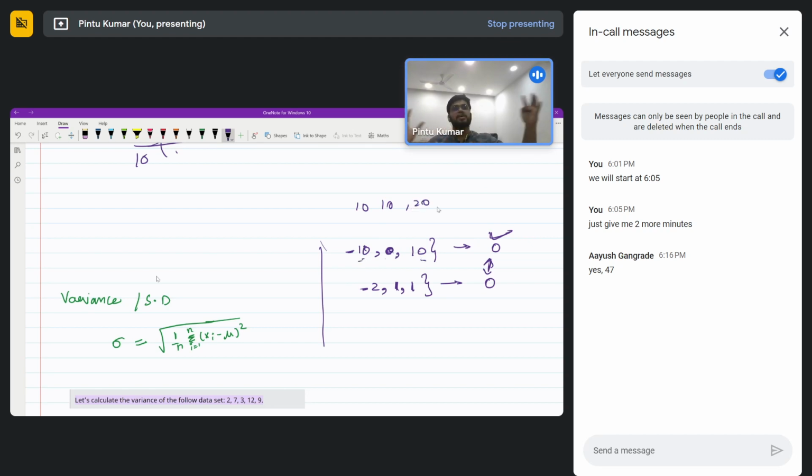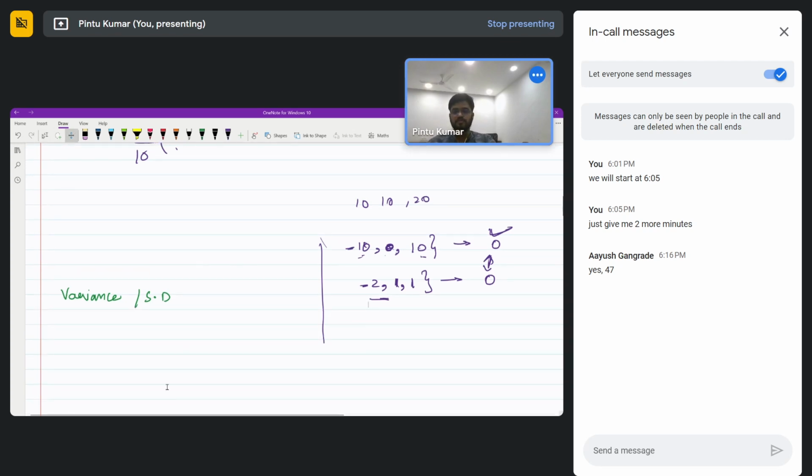So the points are very far apart in this case. Whereas if you look at the second case, the points are quite close to each other. To capture this kind of phenomenon, how far or how close points are, we come up with something known as variance, or there is another tool used to calculate how far the points are, called standard deviation.